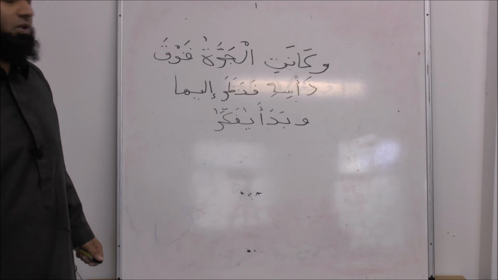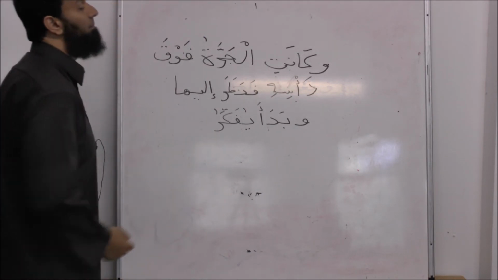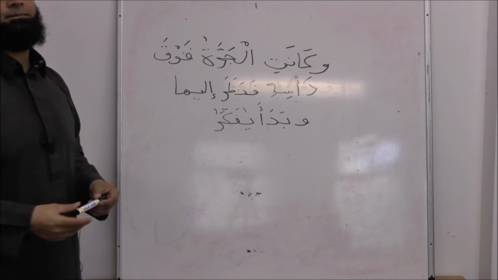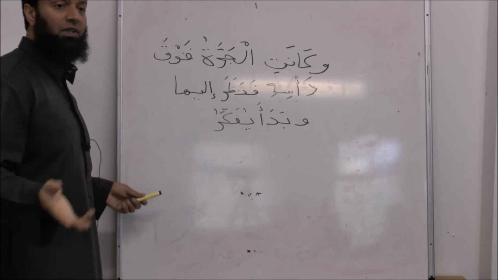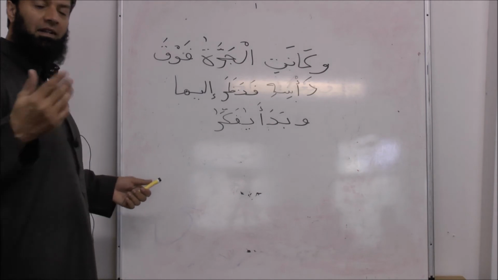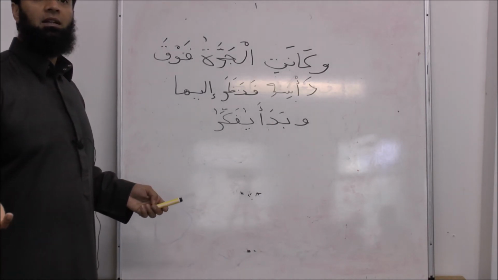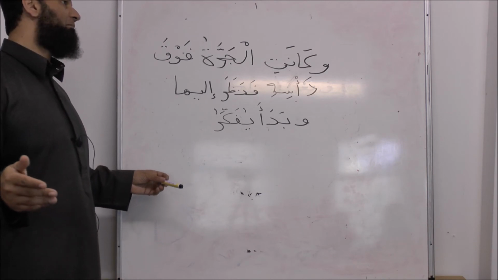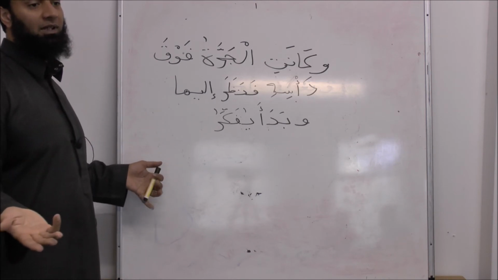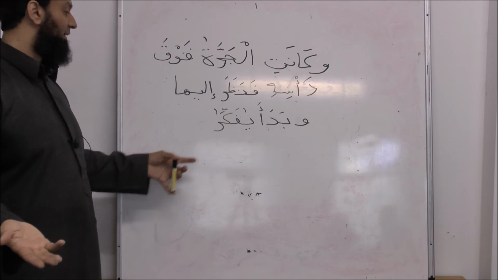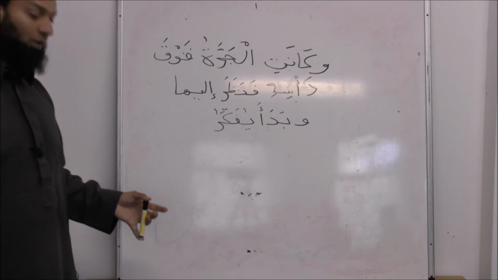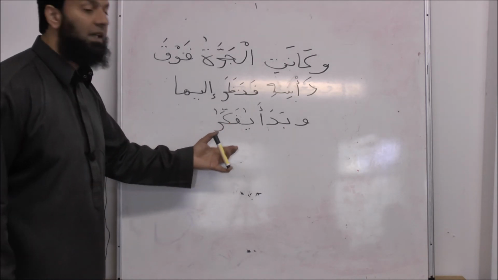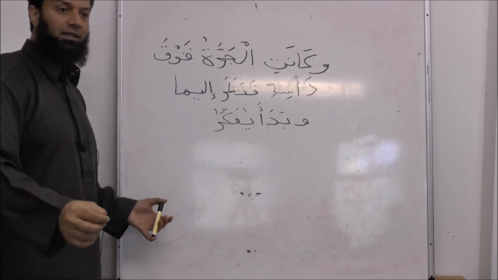What did he start to do? يُفَكِّرُ. وَبَدَأَ يُفَكِّرُ. What does يُفَكِّرُ mean? We've done this, fakkara. To think; fikir, in Bengali too. Thinking. He started to think. يفكر, he thinks, fi'l mudari.